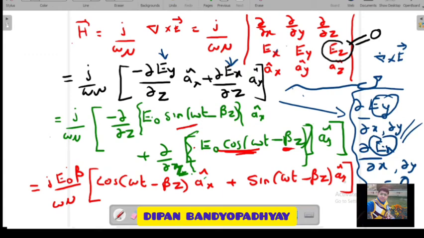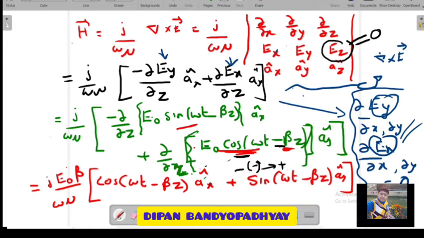Remember one thing here, note this point: differentiating this cos will give a negative sign, and there is a negative here also. When you take the differentiation, minus beta will come out. So this minus and this minus will make plus.